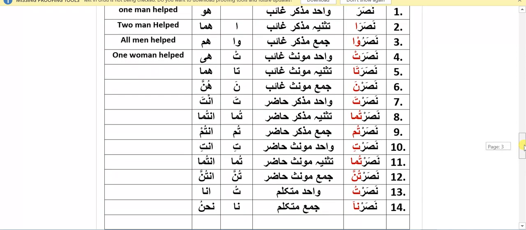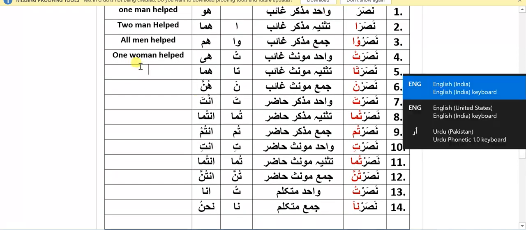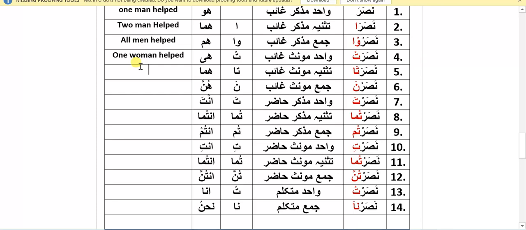Now let's come to the translation. Two women helped, all women helped.